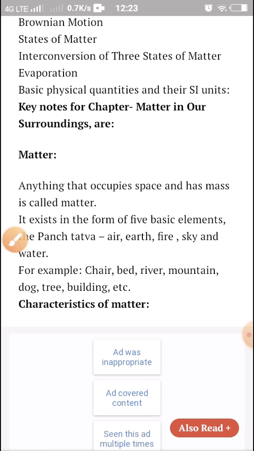So what did we learn here? Anything that occupies space, like you sitting on a chair, right? So the chair is being occupied by you.